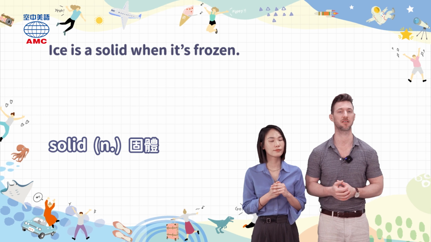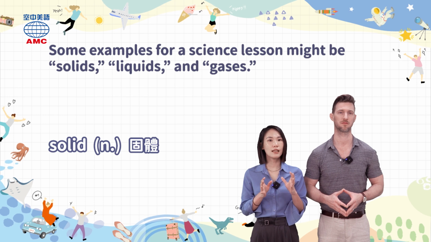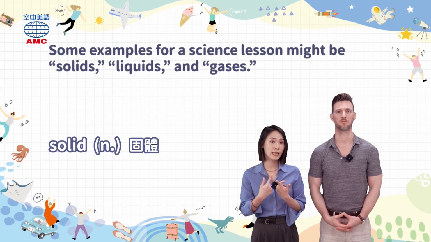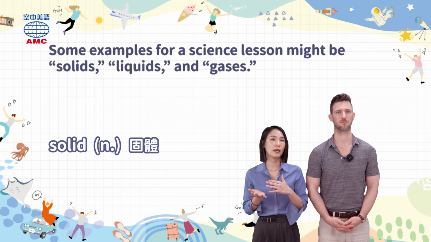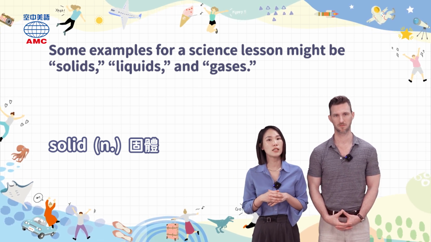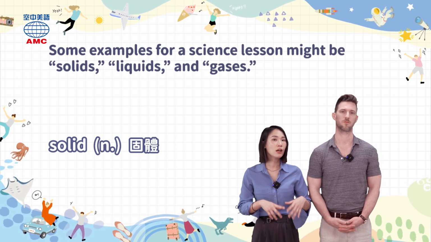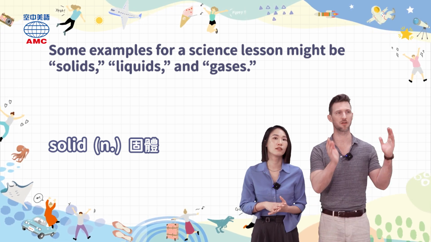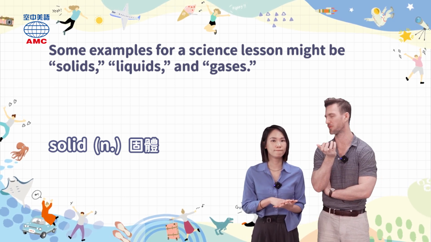So an example sentence is, ice is a solid when it is frozen. Solid is a noun meaning a solid. In the text there are also liquid and gases. Gases can also be spelled gasses. So for a science lesson, you might write solids, liquids, and gases on the left side as cues. Okay, right, exactly. You write them on the side in that little column there, and then they will probably help you remember.